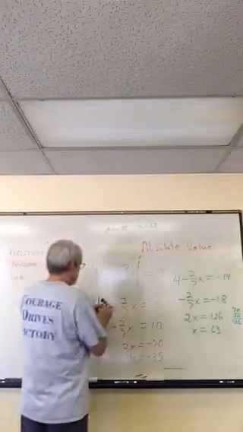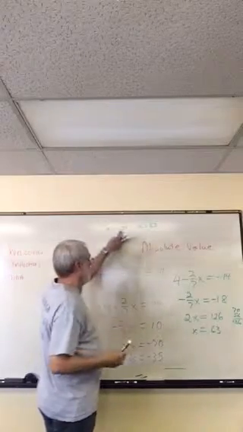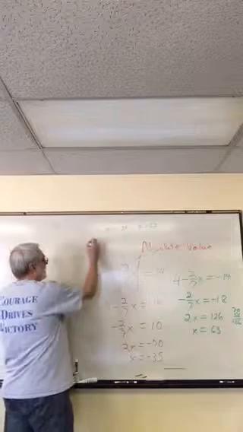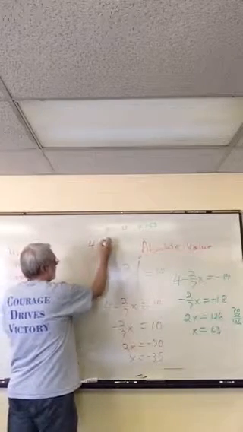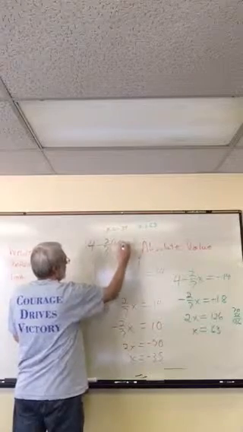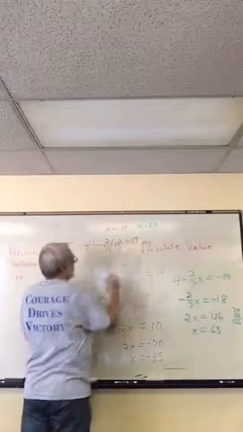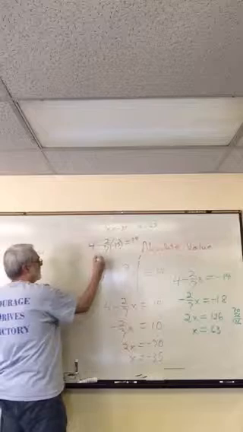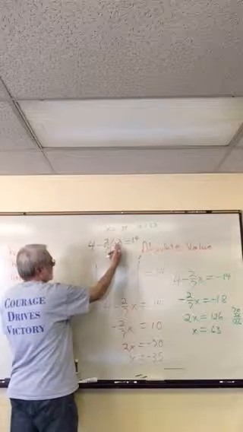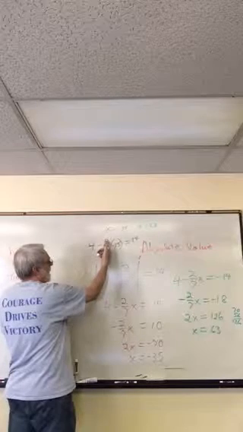So we can check it out. I'm only going to do one of them, the negative one here. So we're going to have 4 minus 2/7 times negative 35. We want it to equal 14. Well, this is negative 10.